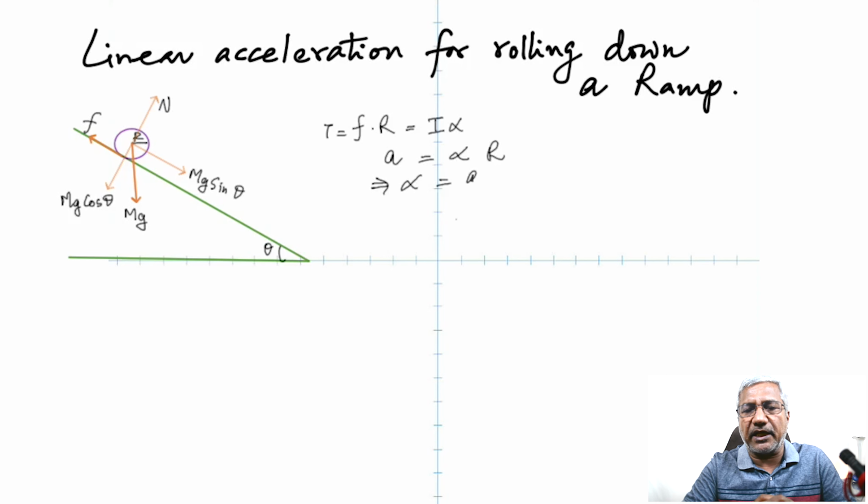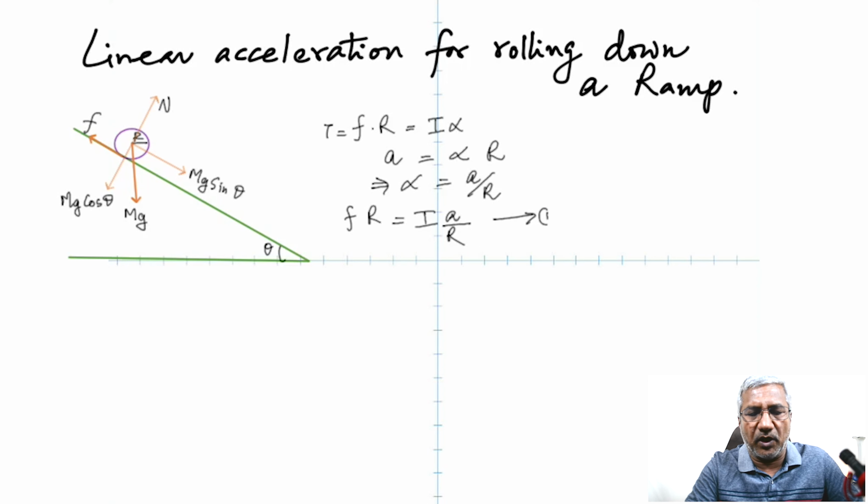So alpha is a divided by the radius. And you can now take that value and substitute it in place of alpha. So F times R now becomes I times, in place of alpha, a by R. Let's call that equation number 1.